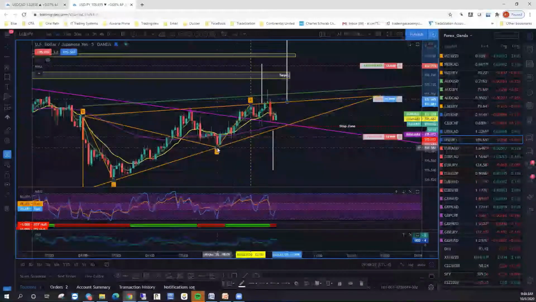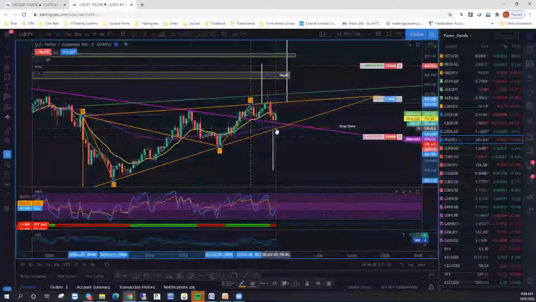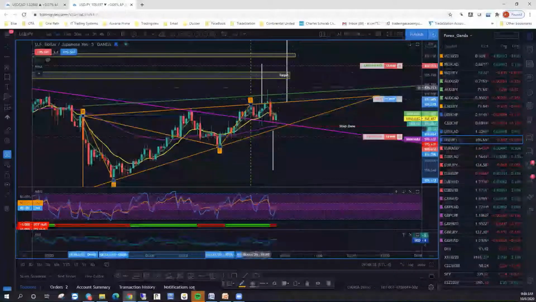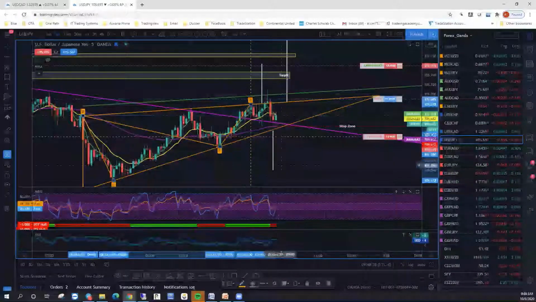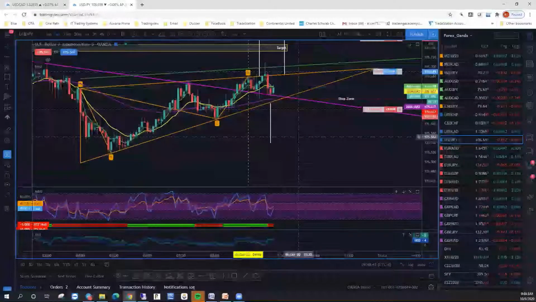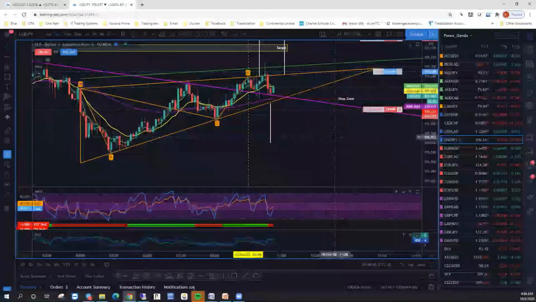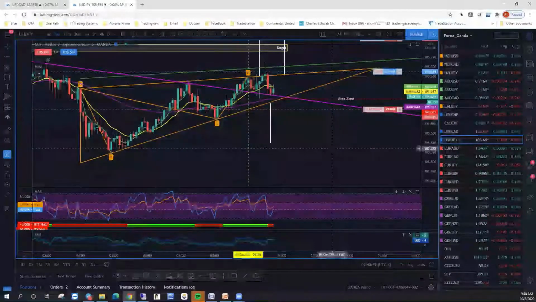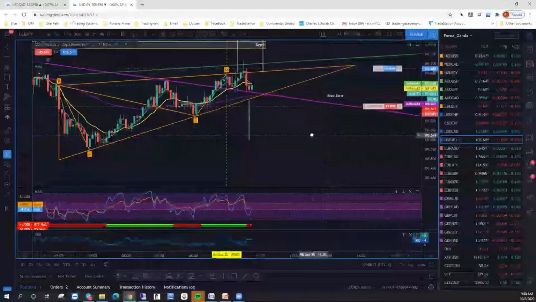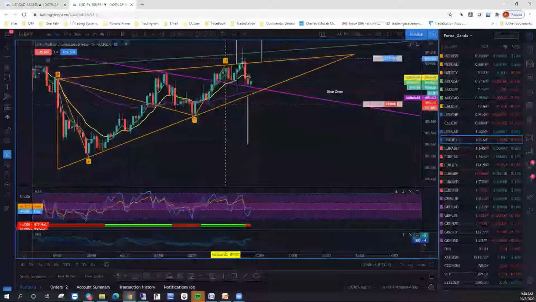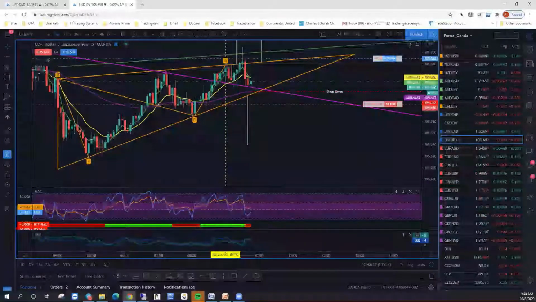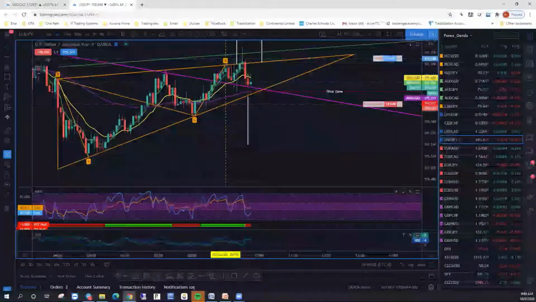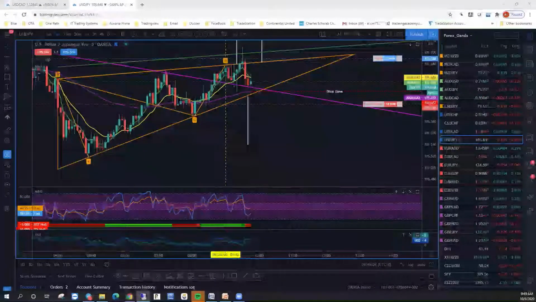We haven't got the third hit yet, although this one's trying to give the hit, and either it's going to be rejected to break to the upside, or this one's going to break to the downside. And we wait. Yeah, let's see.